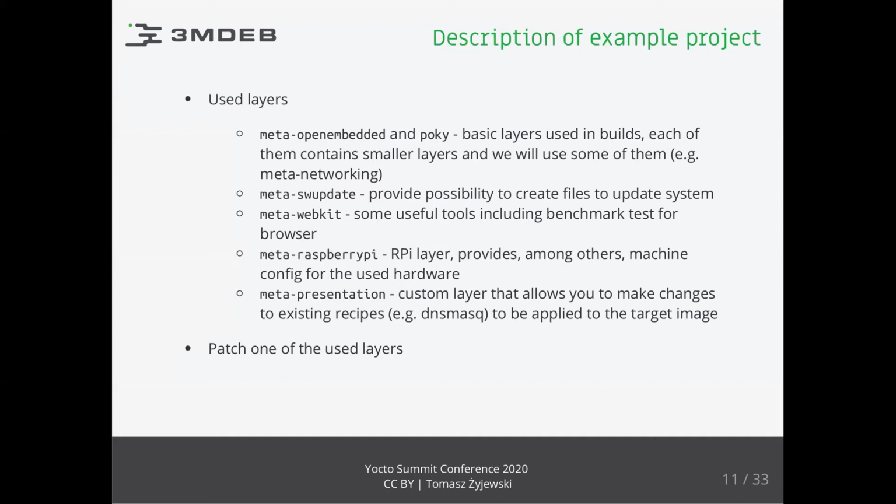We will use that layer to store every configuration file or other bbappends which will be added to the recipes we use. And finally, we want to patch one of the existing layers to modify the script to our needs.